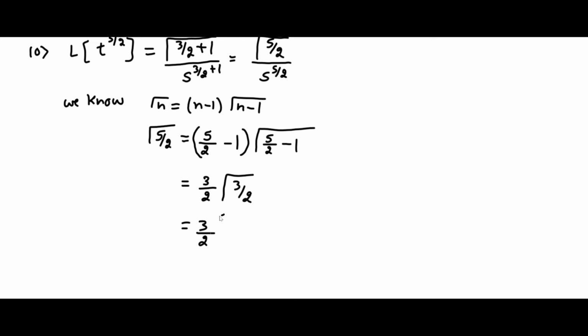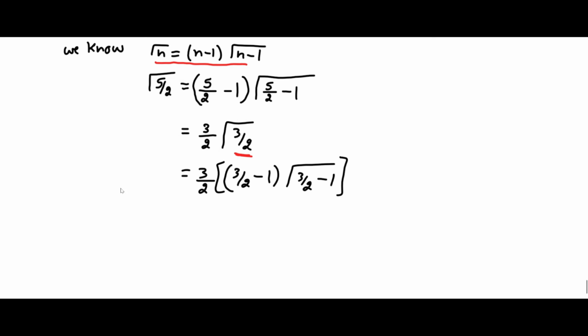So I will use the same formula once again, but the value of n in this case will be 3 by 2. Using n as 3 by 2, we get n minus 1, that is 3 by 2 minus 1, into gamma of 3 by 2 minus 1.